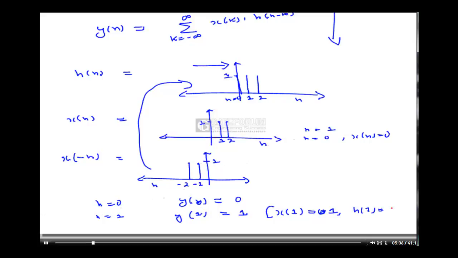Similarly at n equal to 2, y of 2 will equal 1 plus 1, which is 2. Like this, the process will repeat, and once the full input crosses the full h(n), the output we get is nothing but the convolution y(n). So it is just like multiply and accumulate. We are multiplying and then adding, and this process repeats, so we'll get the final result.